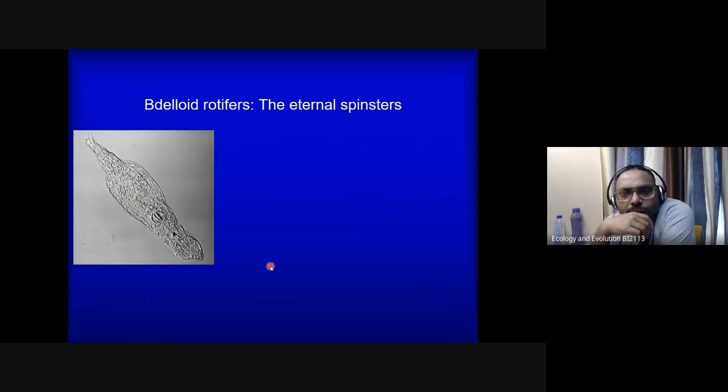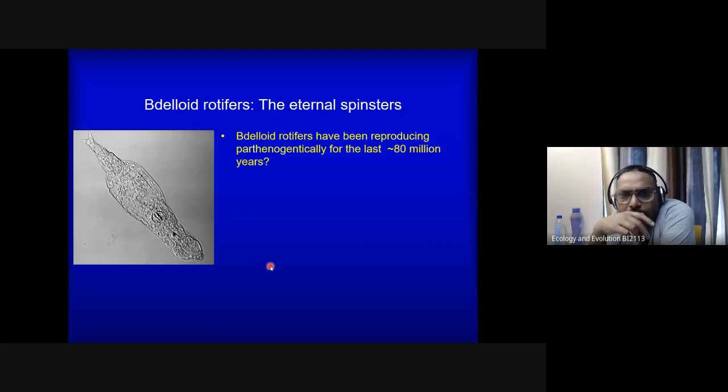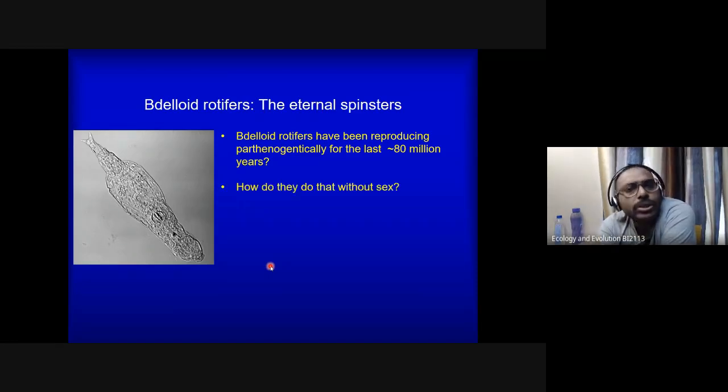The other poster boy example of HGT is supposed to be these rotifers called bdelloid rotifers, and these guys have been reproducing parthenogenetically, no sex, for more than 80 million years. So it's a very ancient species. And the question people have been asking is, how is it possible?